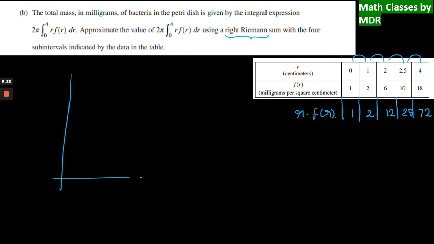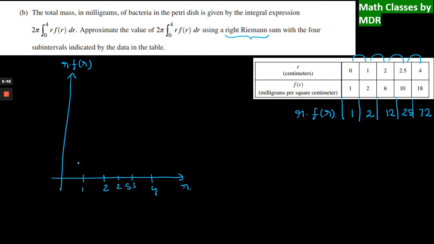If you draw here, if you take the values r times f of r against r, we have here 0, 1, 2, 2.5, 3, 4.